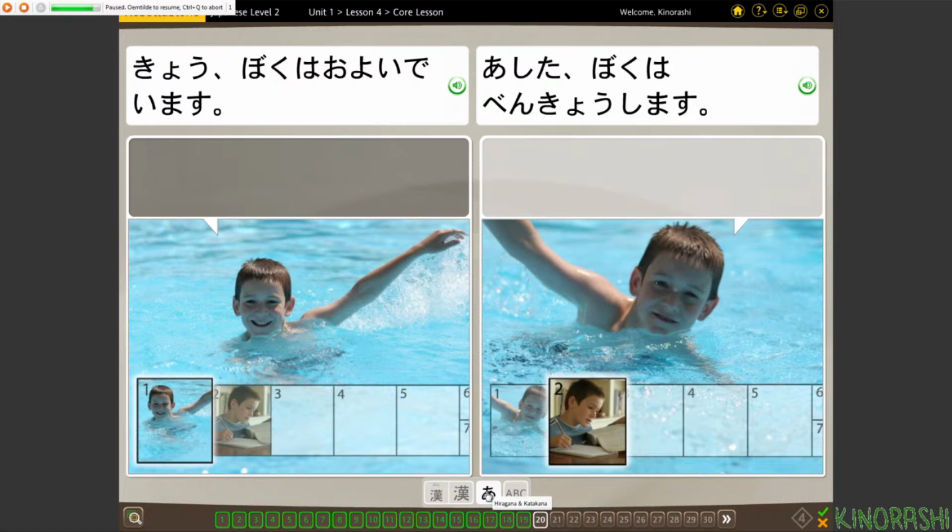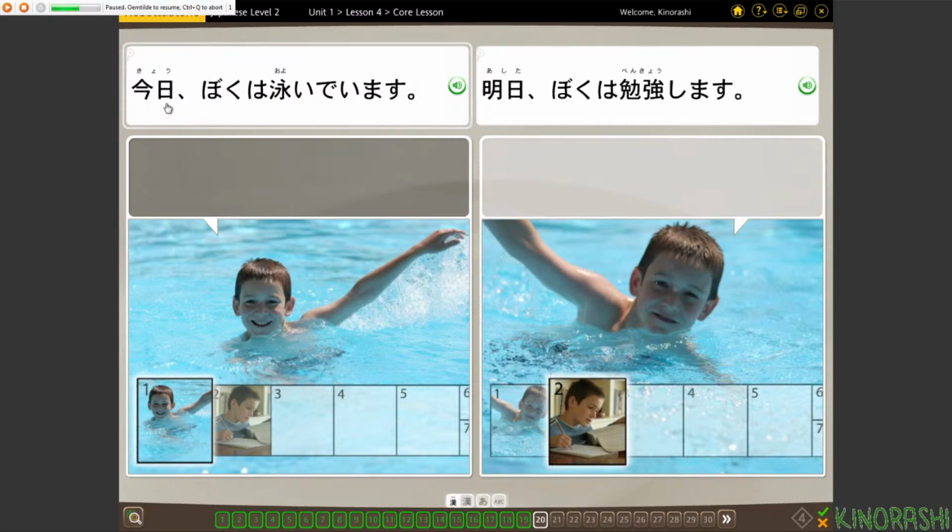今日、僕は泳いでいます。明日僕は勉強します。そう、今日僕は泳いでいます。Kind of curious on the exact translation.